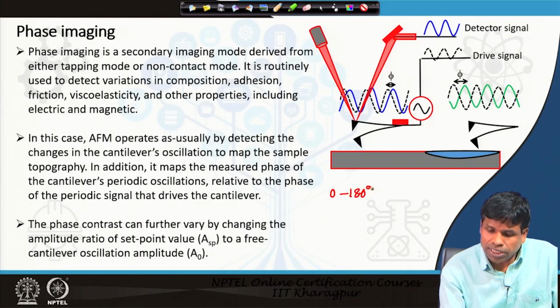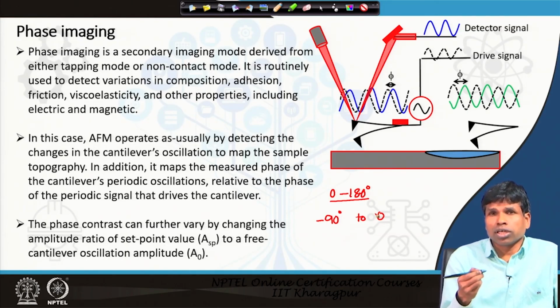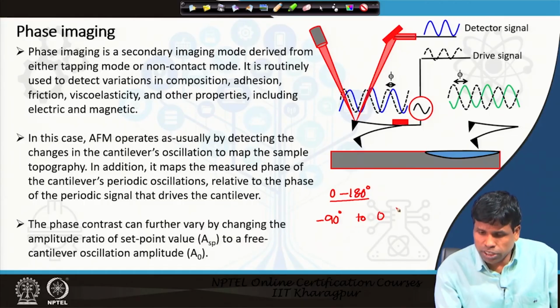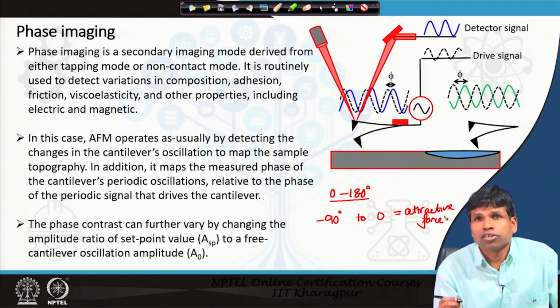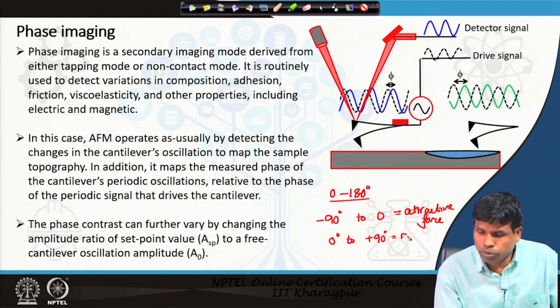If the phase shift value is between minus 90 degrees and 0, that is, if it is a negative value, with the phase shift occurring in the negative direction, then this is due to the attractive force, and for the attractive force our force gradient is also negative. And if the phase shift is occurring from 0 degrees to plus 90 degrees, then it is due to repulsive force.